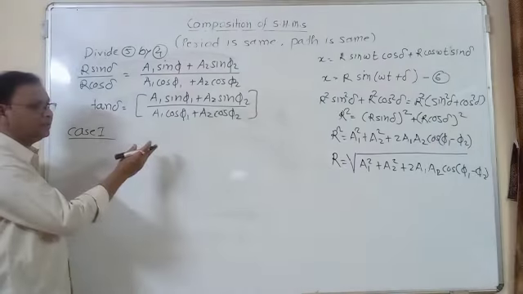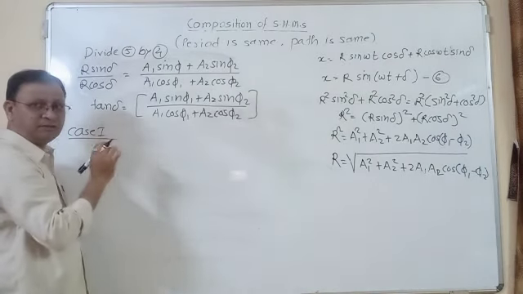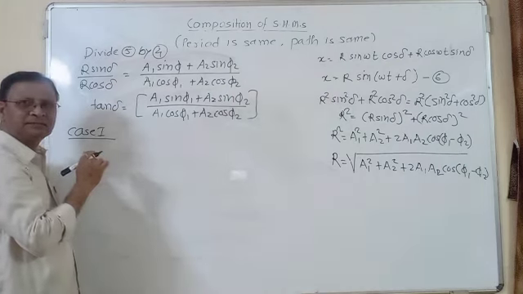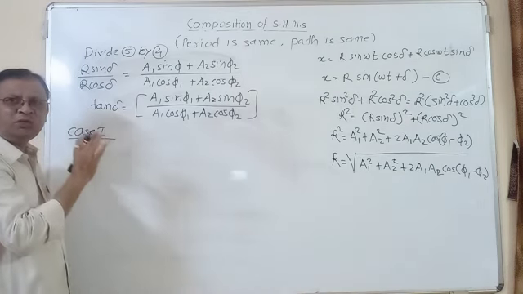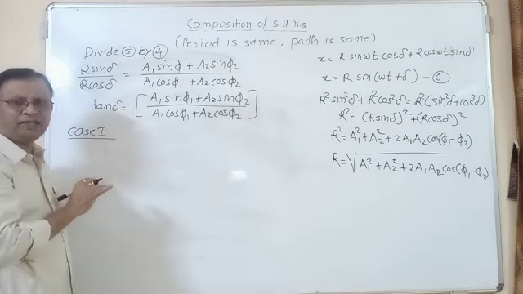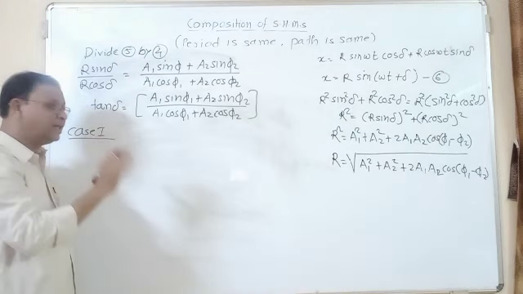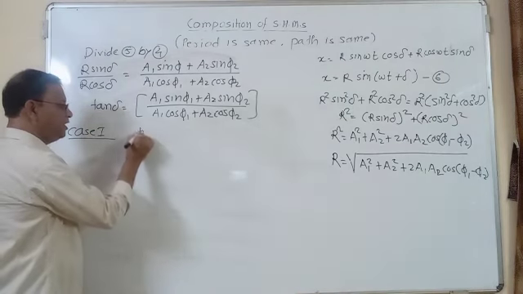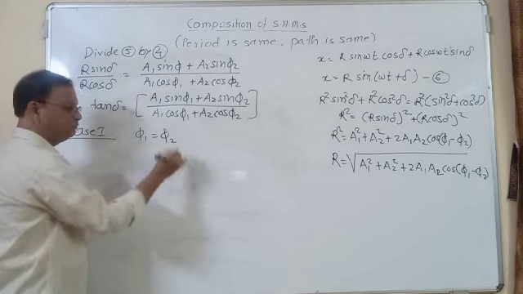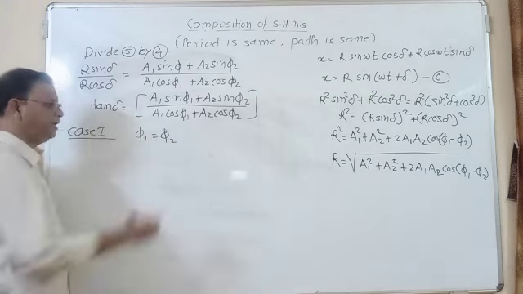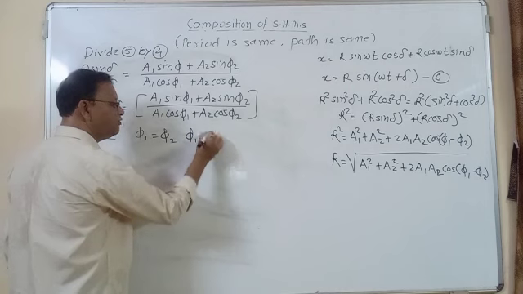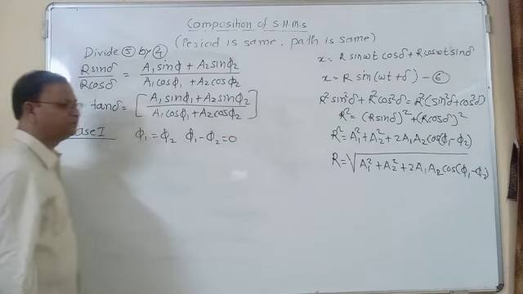If the two S.H.M.s we have seen, the phase difference between the two S.H.M.s is 0. That means two S.H.M.s having the same phase. That is phi 1 is equal to phi 2. Initial phase is same. That means phi 1 minus phi 2 is equal to 0.